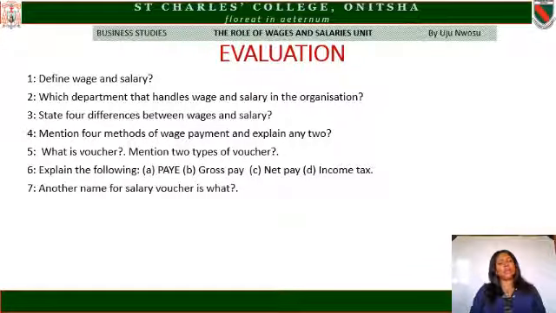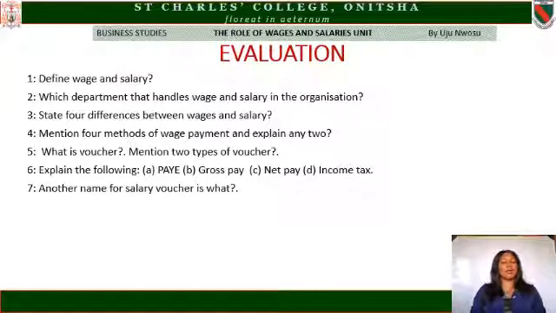We have come to the end of this lesson, but before we call it a day, let's use these questions to evaluate ourselves. Number 1, define wage and salary. 2, which department handles wage and salaries in the organization? 3, state 4 differences between wages and salaries.